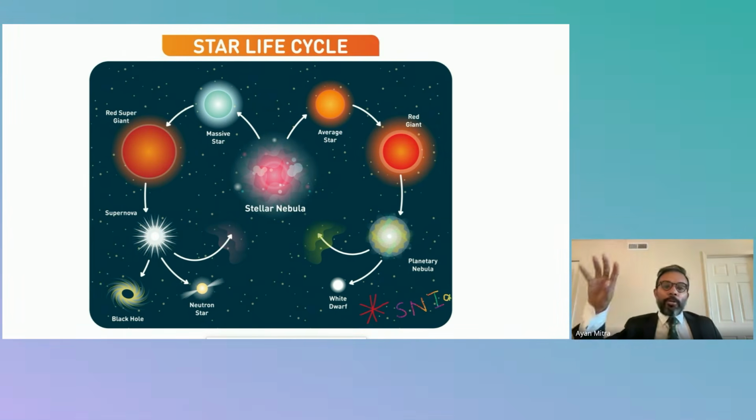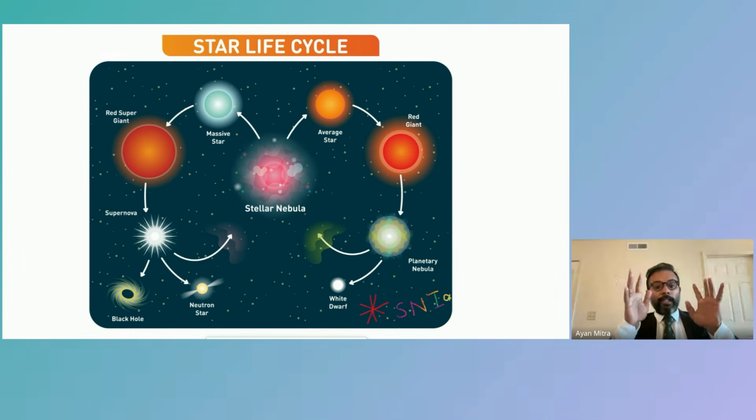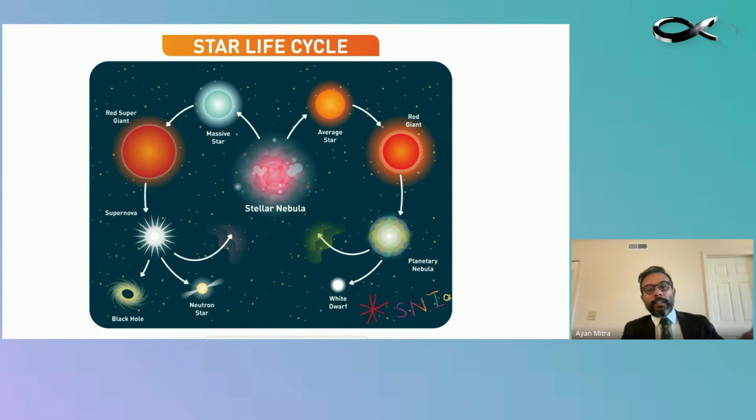In this whole evolution cycle, the star becomes a red giant, and then at some point a nebula. All of them are individual stages, and people specialize their lives to study those stages. It's a very detailed subject in itself.